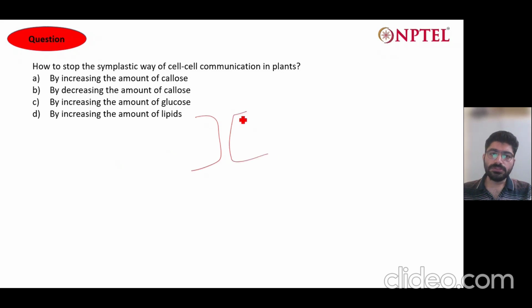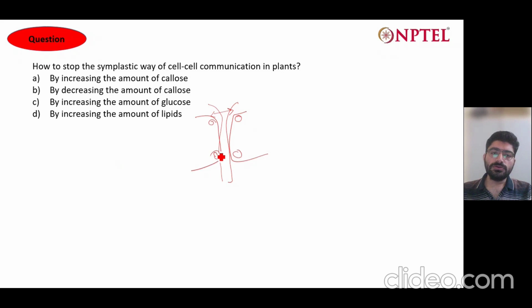these are the cell walls, and via the cell walls, the endoplasmic reticulum passes, and this forms the plasmodesmata. And as we know, the size limit of the plasmodesmata is controlled by callose that is deposited in the cell wall.